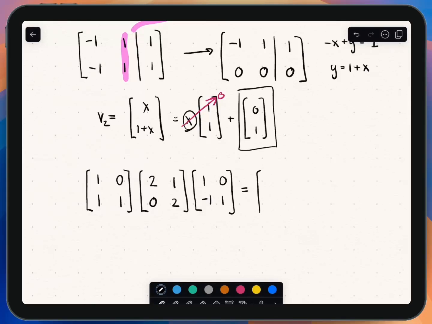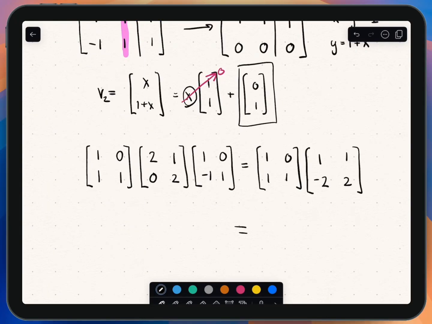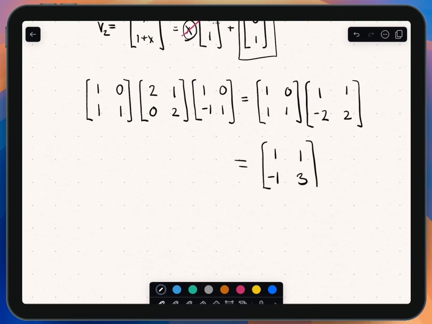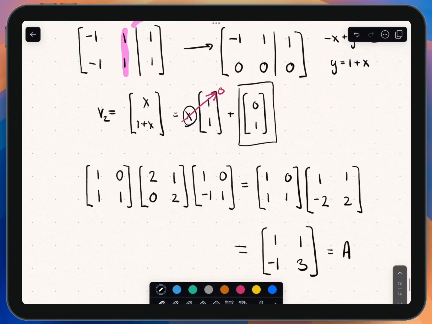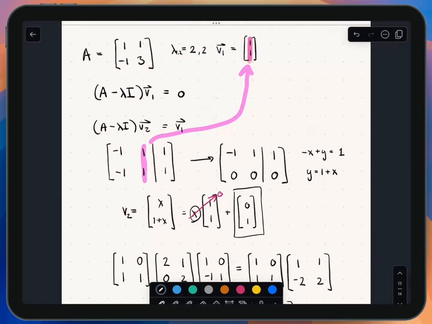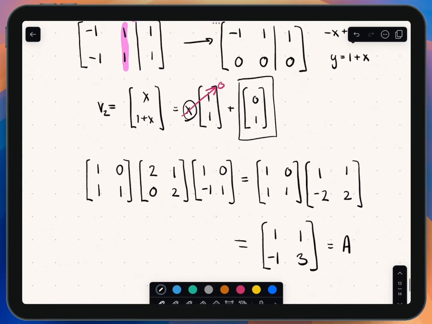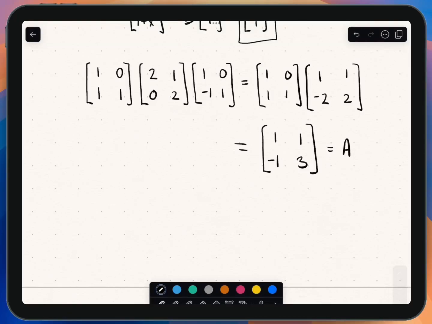And then we would do all of these matrix calculations. So I'm going to do them stepwise right here. If I do this matrix multiplication, we get indeed the A that we started with right over here, 1, 1, -1, and 3. So indeed, we have succeeded by putting A into a form that's almost what we had before. It's not diagonalizable, but we have this J right over here.